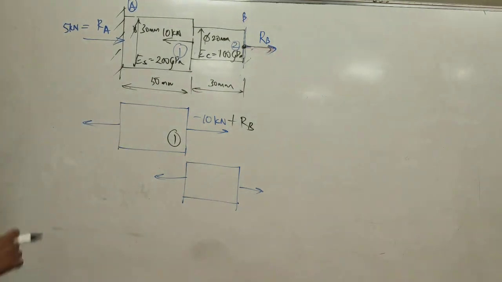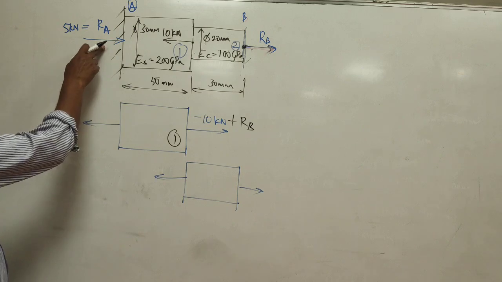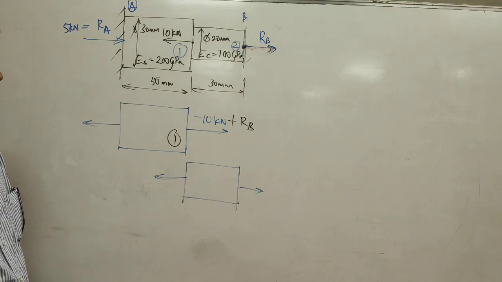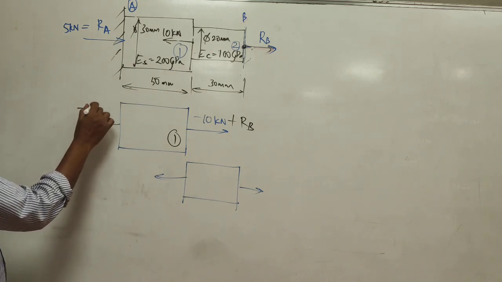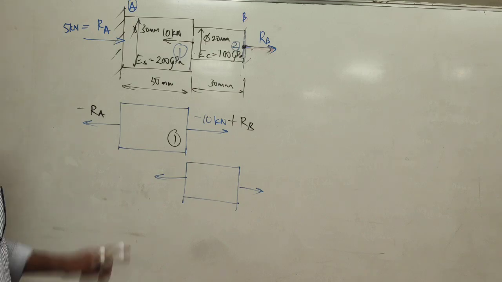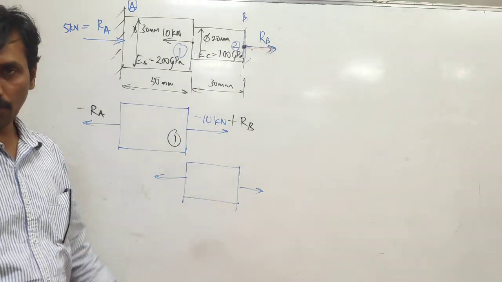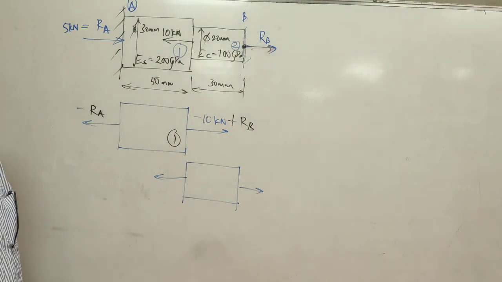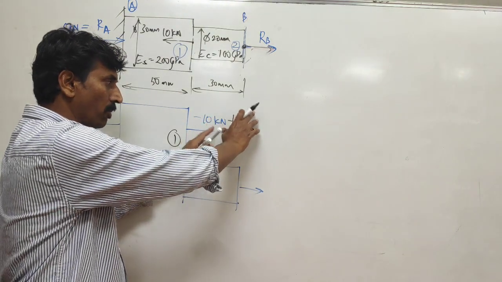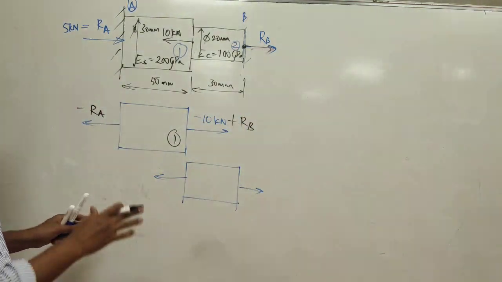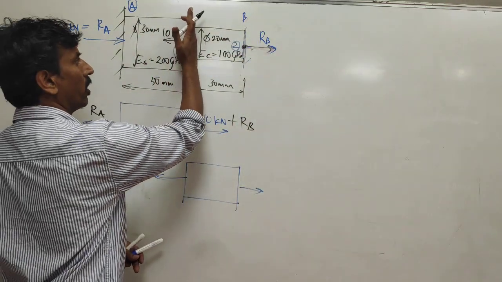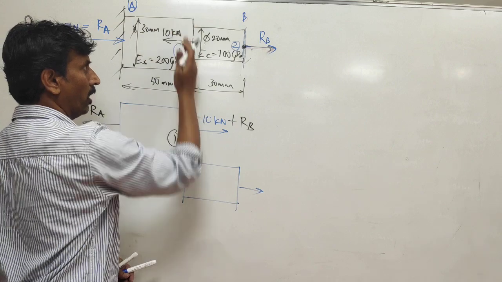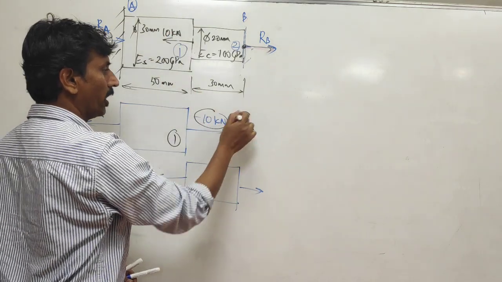People may make a mistake and call it RA. If some people call this reaction force minus RA as well, it will be wrong because you are introducing two unknowns. So express it only in terms of RA or RB. Suppose I look at the right hand side of the part, I get minus 10 and RB.